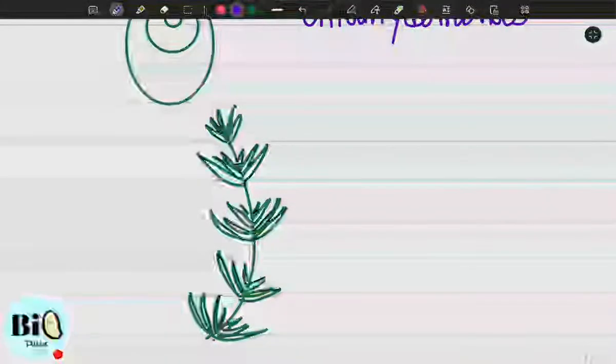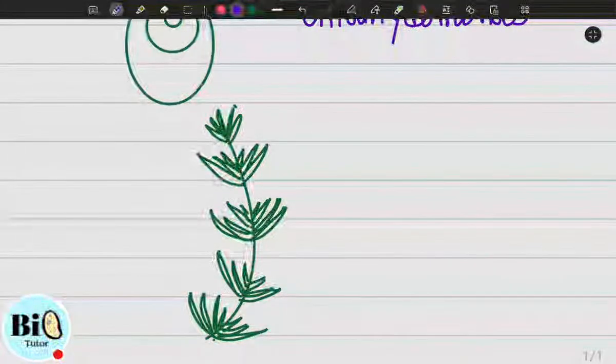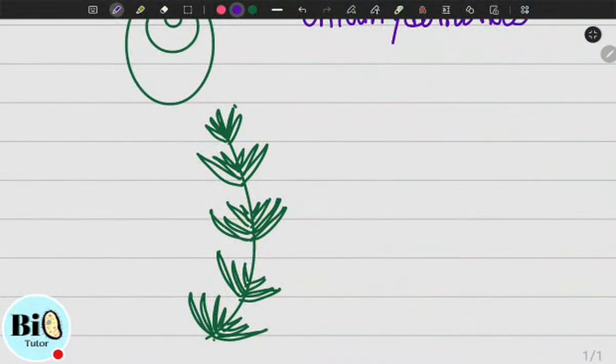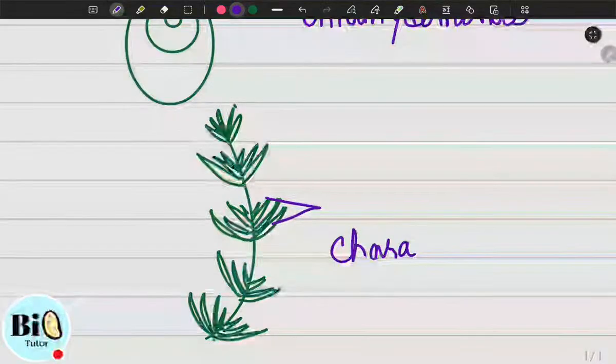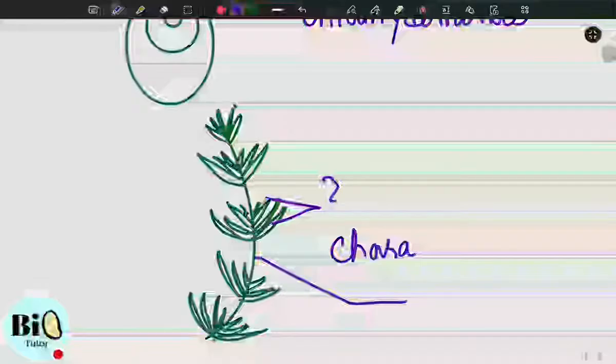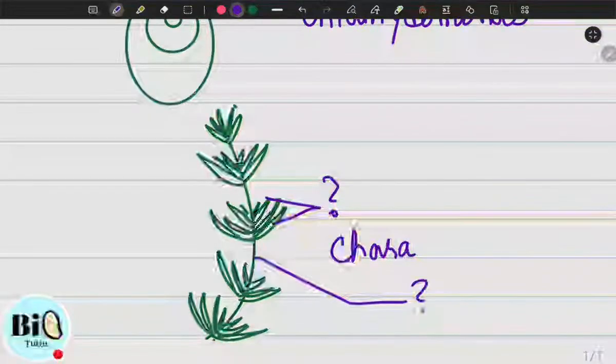Okay, so this organism is also an example of green algae, which is Chara. C-H-A-R-A, Chara. And in the book, we'll see labelings for this part, and for this part. So can you find the labelings?